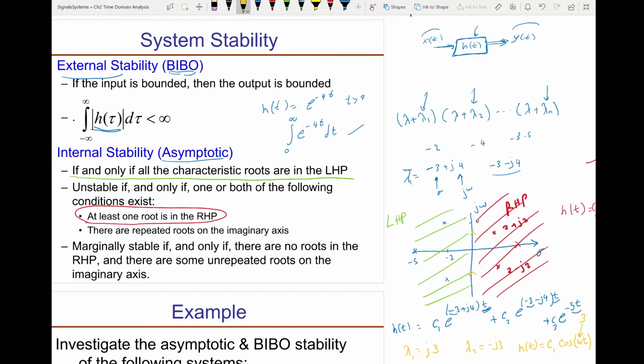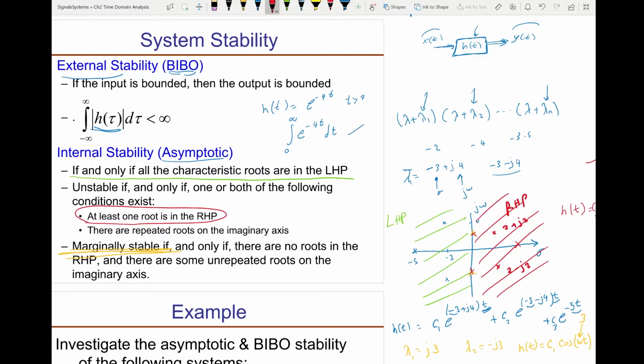Now, h of t will just keep oscillating forever. It will not go to 0. It will not go to infinity. It's just going to be like the function generator you use in the lab. You turn it on, it will keep giving you a sinusoidal wave as long as the system is open. So now we call it marginally stable. But if you have repeated roots, that means you have another root here and another root here.